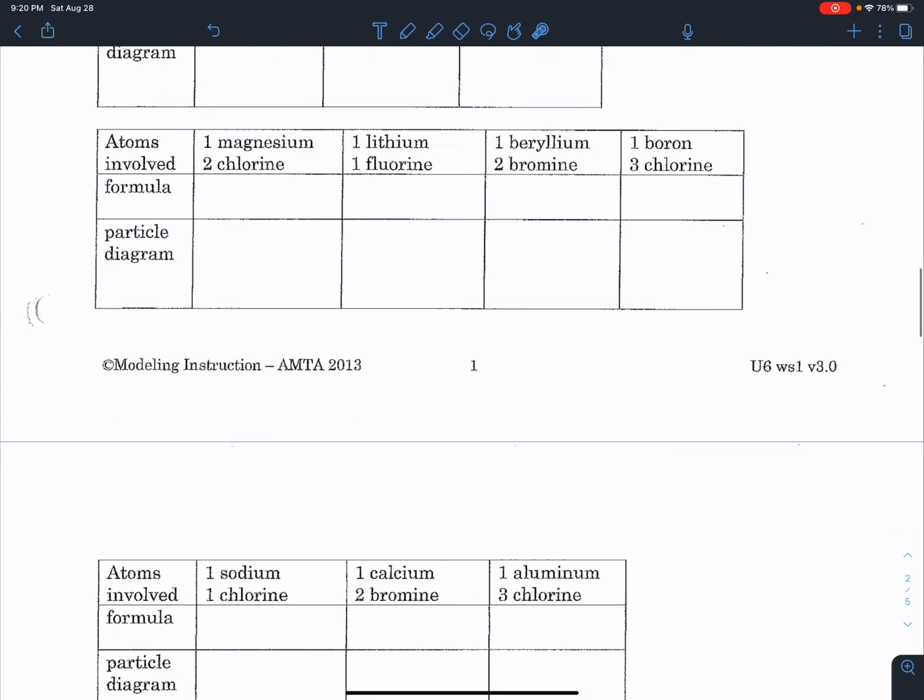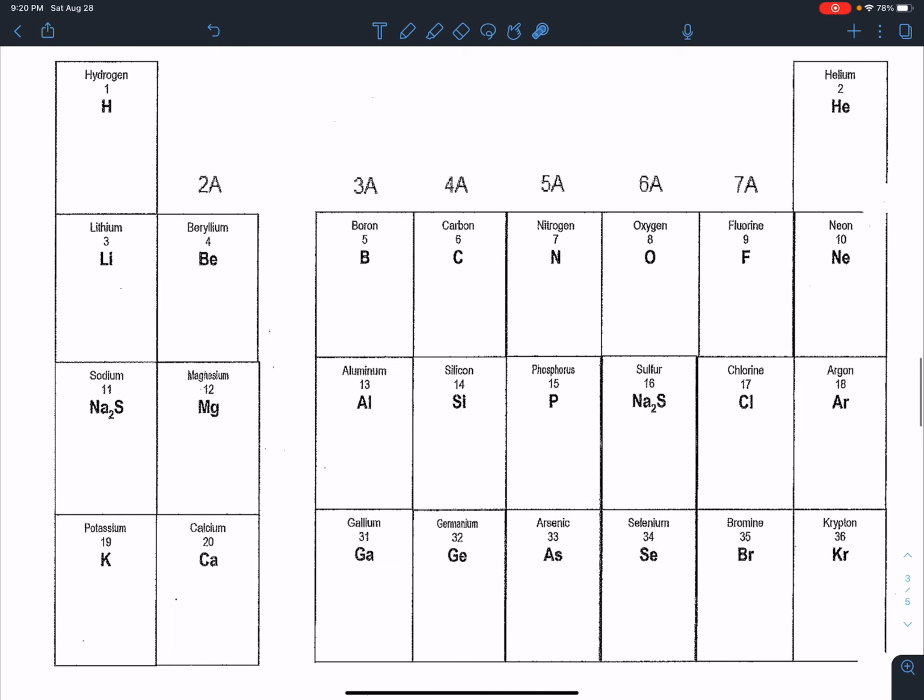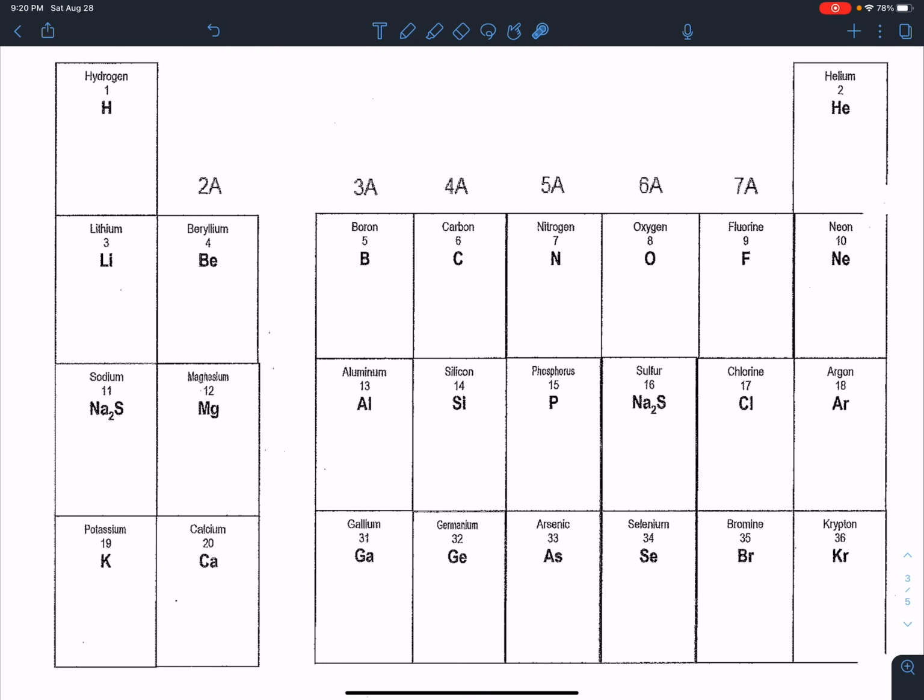So once you're done filling in the first couple of pages, the second page says to just list all the formulas you made in this shrunken down version of a periodic chart. So I think one of the formulas we made was Li2O, and then we made another formula that has lithium in it, so I wrote it in the lithium box.